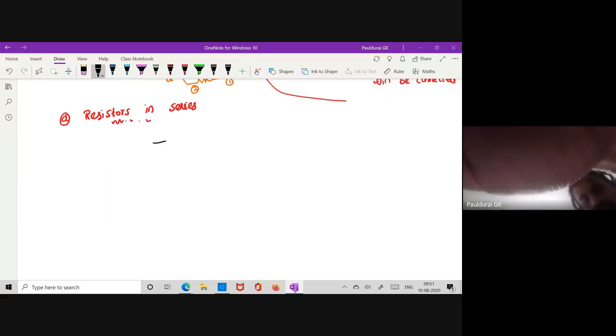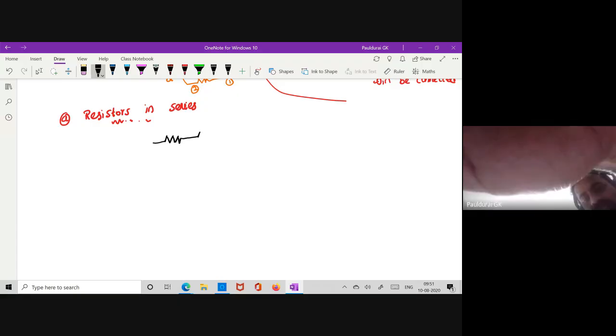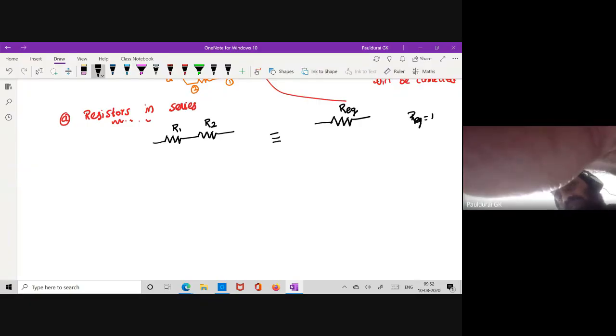Take this as R1 and this as R2. What is my equivalent resistance? This you already know: R equivalent is equal to R1 plus R2. But we want to derive this.